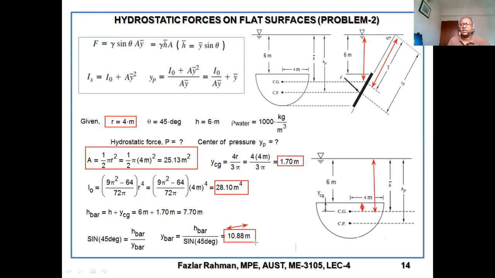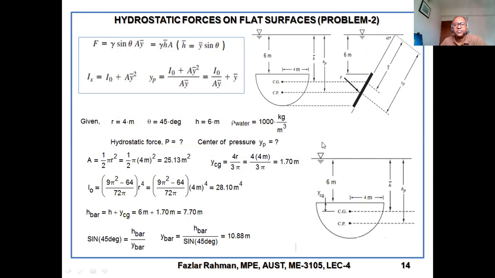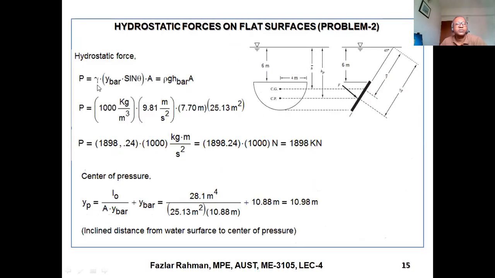Now you have all the data, you just need to put it there. So let's see. Pressure force, gamma, Y bar, sine theta, area. Area you already found. Y bar into sine theta equals H bar, or you can keep it, you can use the Y bar, the same thing. So after putting all the values, you are getting this result, okay? And it's better if you put all the units: kg per meter cube for density, rho g h bar, g meter per second square.